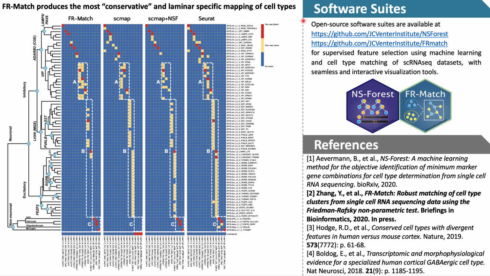Lastly, we show the comparison between FRMatch and other matching methods in real data. FRMatch here produces the most conservative and lamina-specific mapping of cell types.